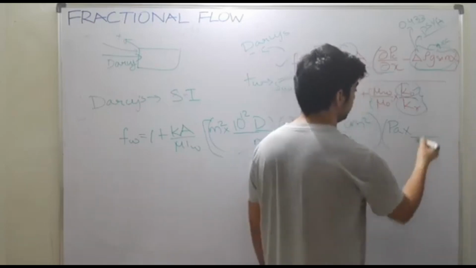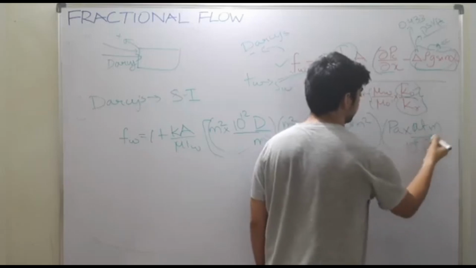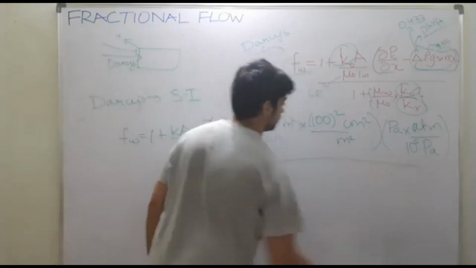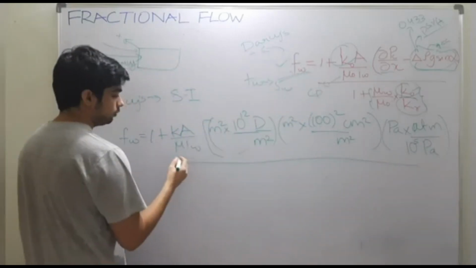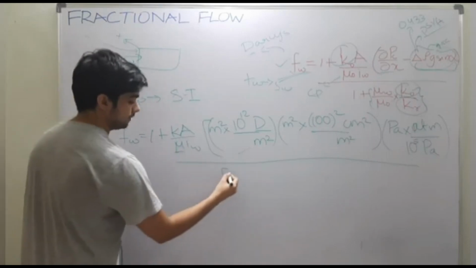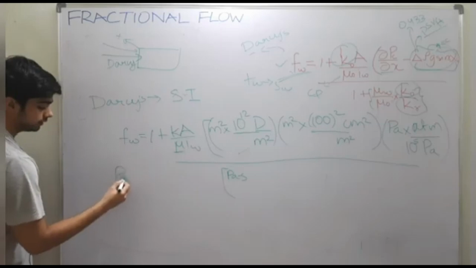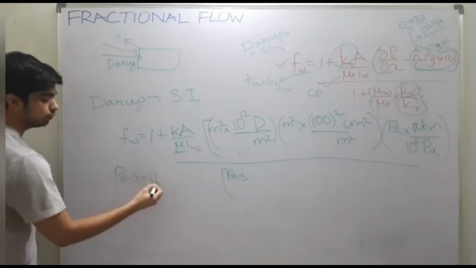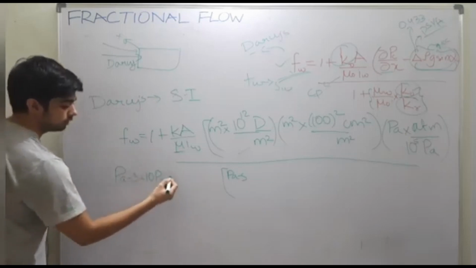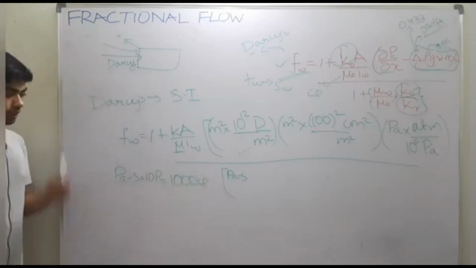So one ATM will have nearly 10 to the power 5 pascals. Now there will be a variation of viscosity. In this case, the viscosity will be in Pascal second. Now Pascal second is equal to 10 poise, and it is equal to 1000 centipoise. 1 poise is equal to 100 centipoise.